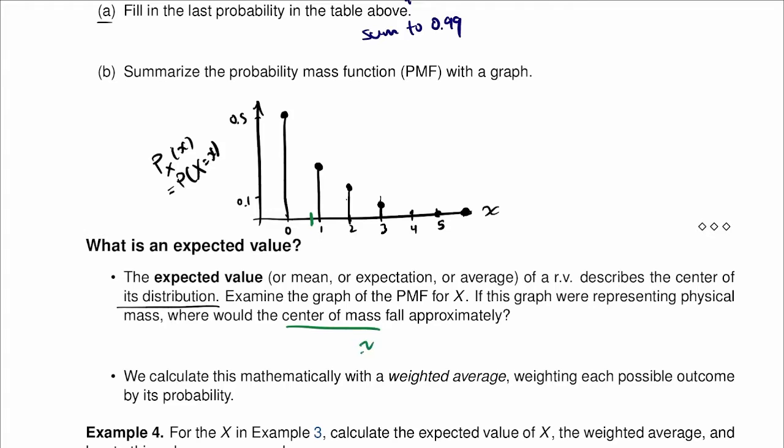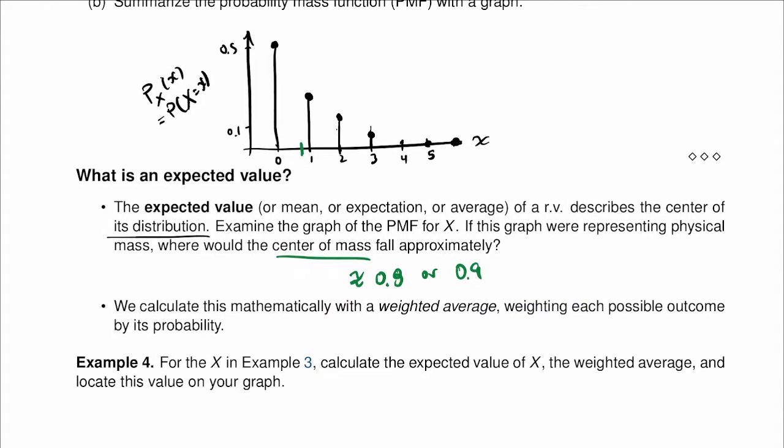Should be around 0.8 or 0.9, we don't know, but we can calculate it, okay? So we calculate this mathematically with a weighted average, weighting each possible outcome by its probability, and that's how we find this center of mass, the expected value.